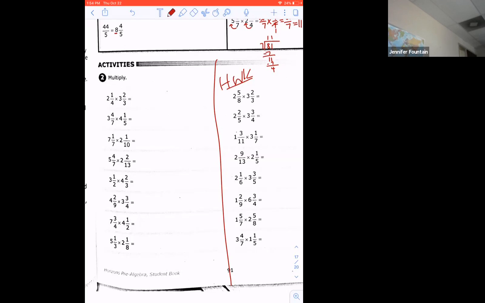You know, 3 times 3 is 9. Now I have to do 9 plus 2. So now, everything is improper.